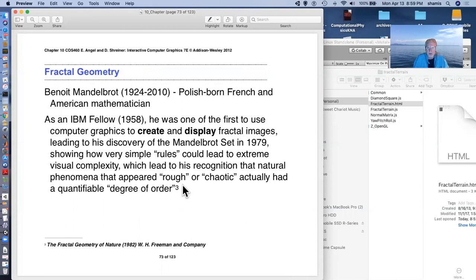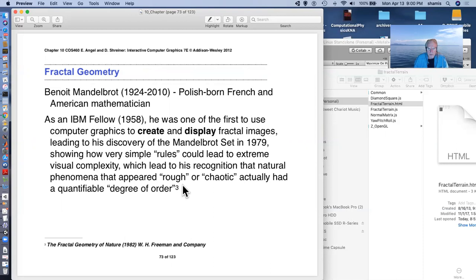The concept of fractal geometry was pioneered by Mandelbrot, a French and American mathematician. He was an IBM fellow in the 50s. He was one of the first to use computer graphics to both create and display fractal images, and he discovered the Mandelbrot set in 1979, which showed how very simple rules lead to extremely complex visual behavior.